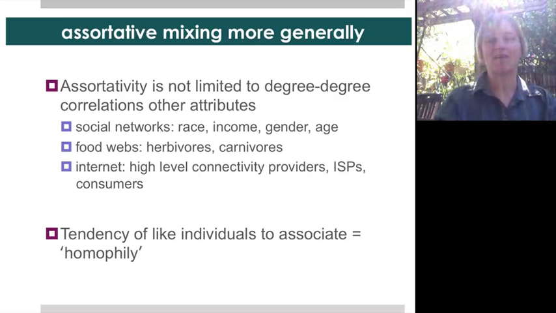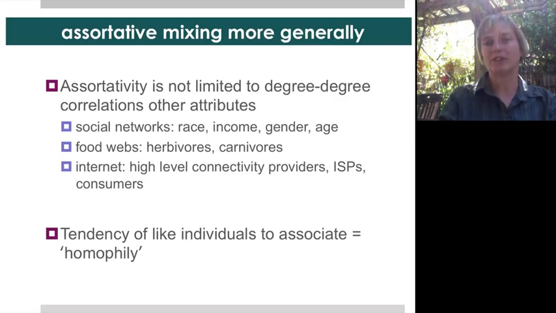And we already discussed the internet in terms of the degree, but maybe really the property that they're connecting on is the type of node that they are, whether they're high-level connectivity providers, internet service providers, or consumers. And in general, when you're talking about social networks, you talk about homophily.